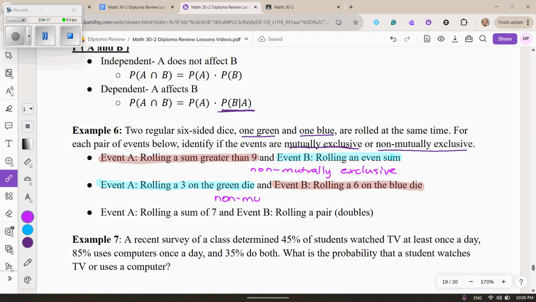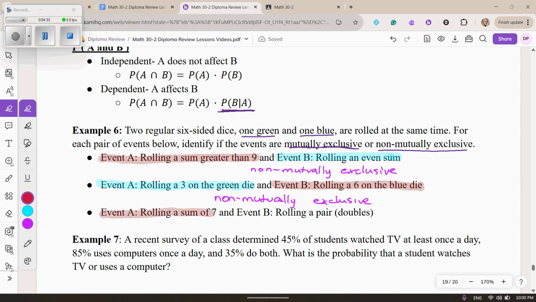If you think of that Venn diagram, there's an overlap between these two events. Okay, event A for the next one is rolling a sum of 7, and event B is rolling doubles.